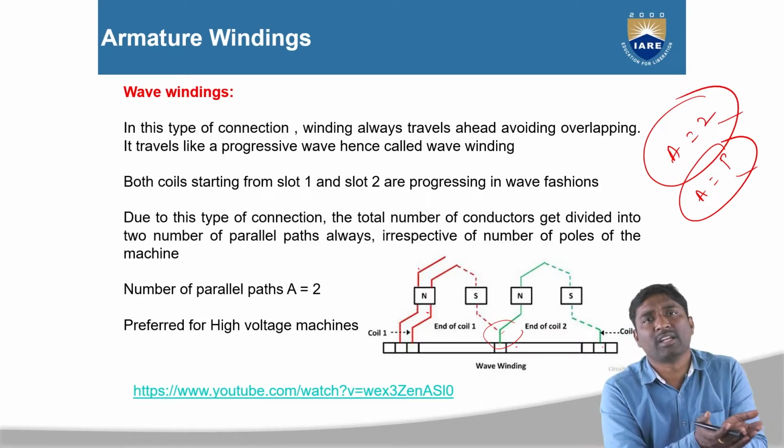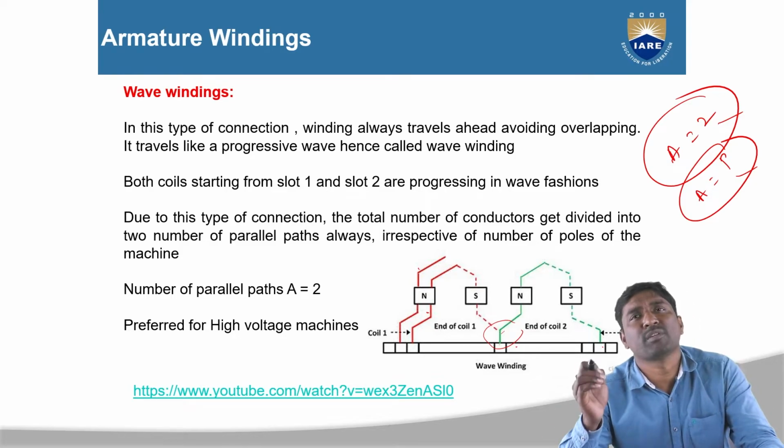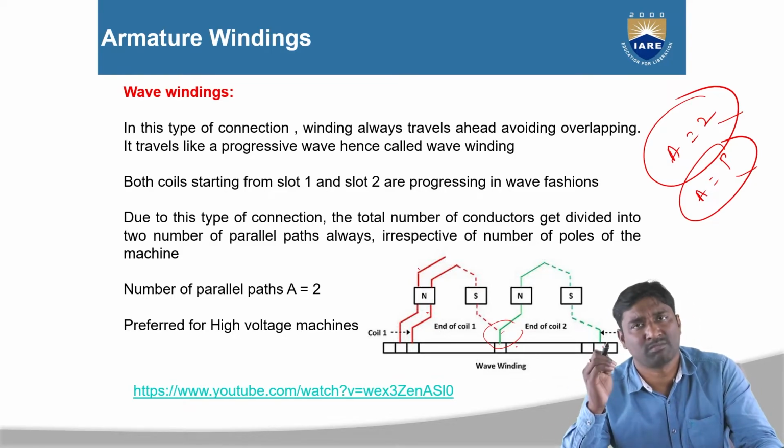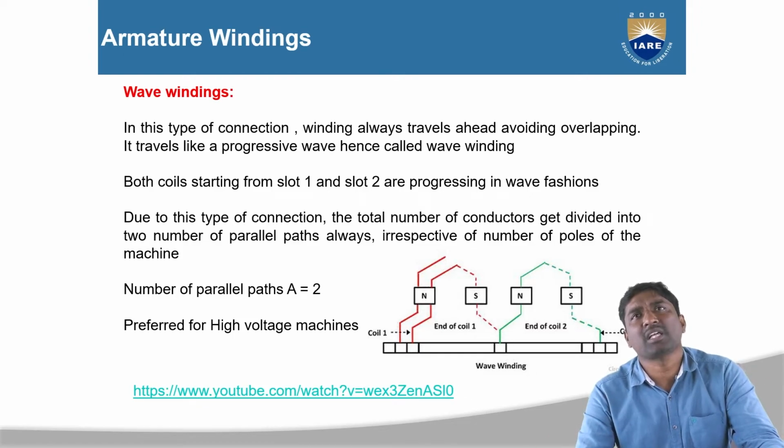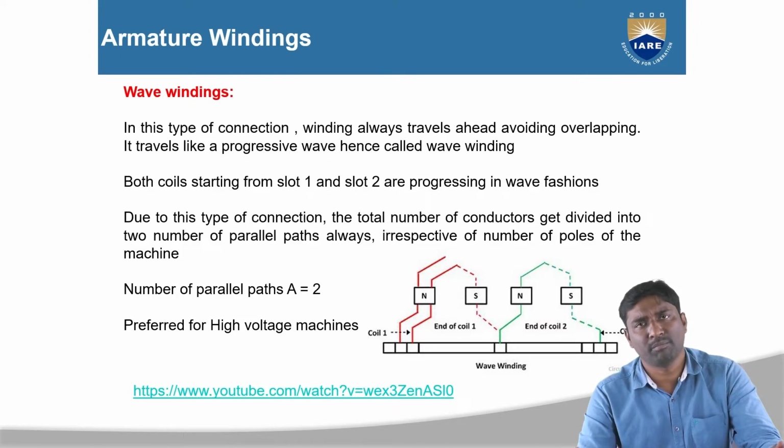The lap winding is preferred for high current machines, and the wave winding is preferred for high voltage machines. So these are the winding terminologies of the DC machine.